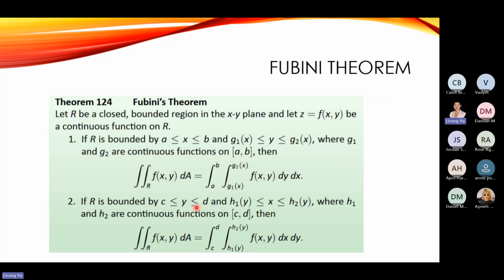If R is bounded by numerical limits for y, but variable limits for x, then the better way for calculation will be dx dy. But both of them should provide the same answer if you can do both. This is the so-called Fubini theorem. So the order of operation can be adjusted based on the integration region.